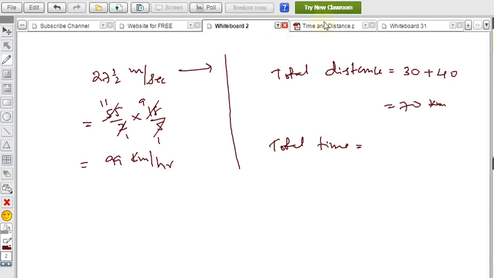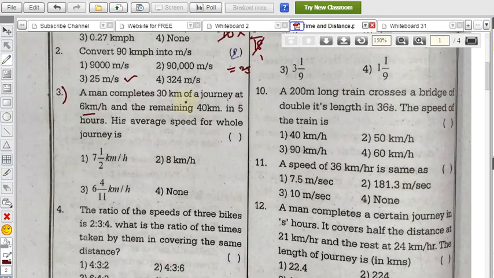Here they give two conditions. The man completes 30 kilometers at 6 kilometers per hour, so the time is not given, but you can apply the formula: distance by speed is time.